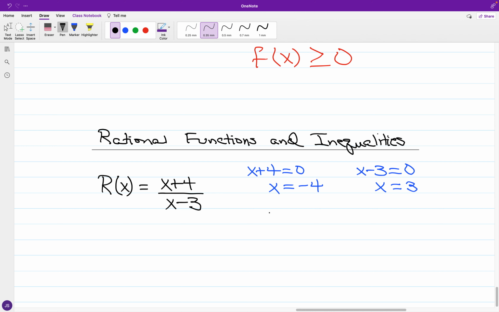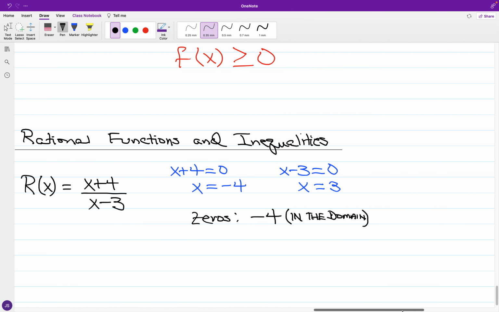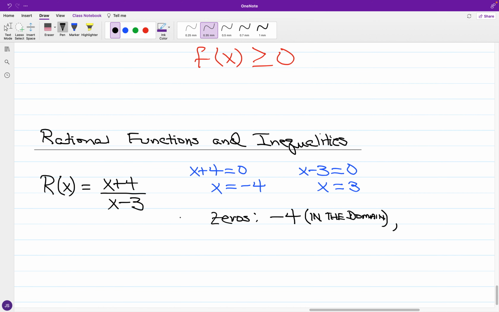And now for the zeros, you got negative 4. This comes from x plus 4, which is in the numerator, and I can have a 0 numerator as long as I do not have a 0 denominator. Now with x equal to 3, that value creates a 0 denominator, but I'm still going to include this in the process.